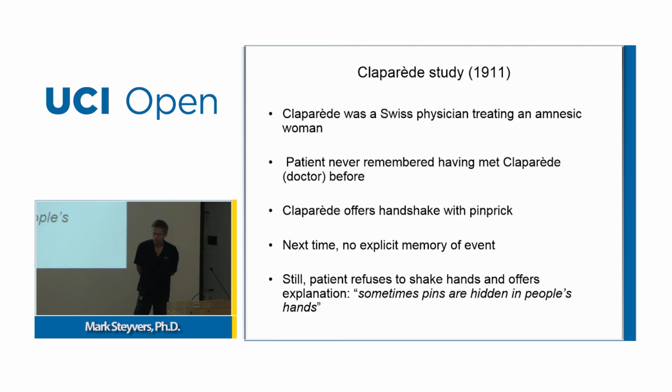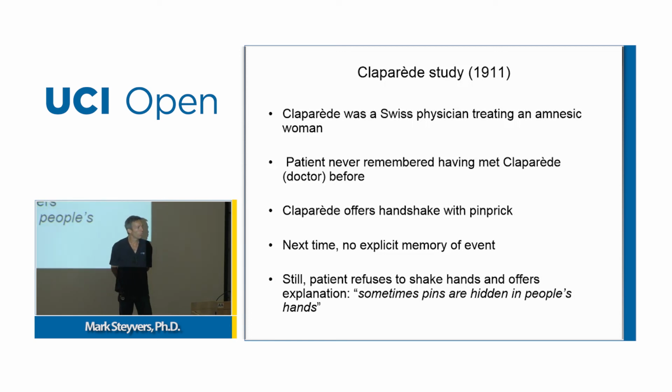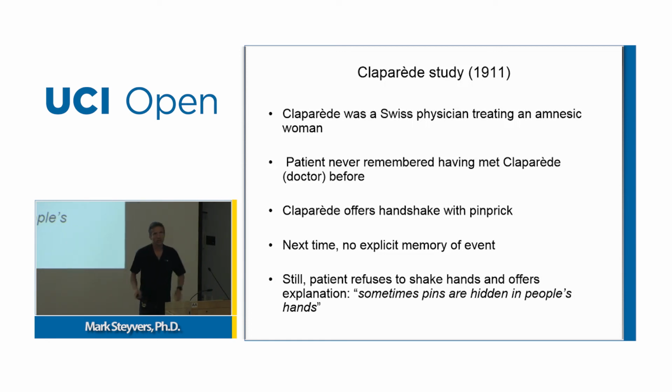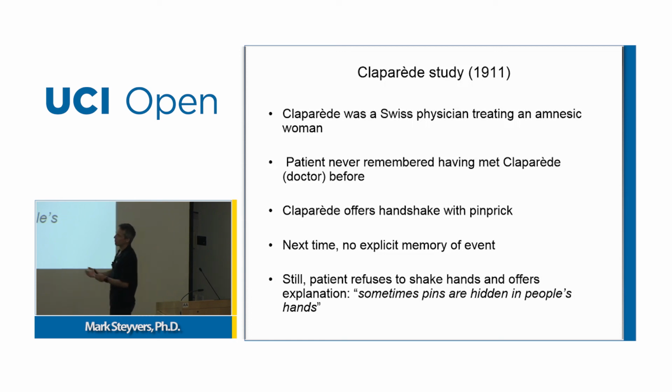He was a little puzzled: does she really not remember me? What does she remember? Is there anything she can learn? So he offered his hand, hiding a pin in it, and she shook his hand. It was a painful experience, a very unethical experiment. It was 1911. You could do a lot of things in those days.